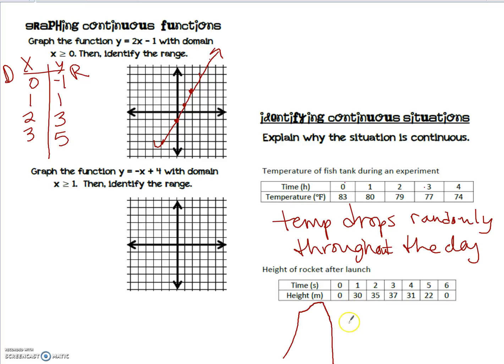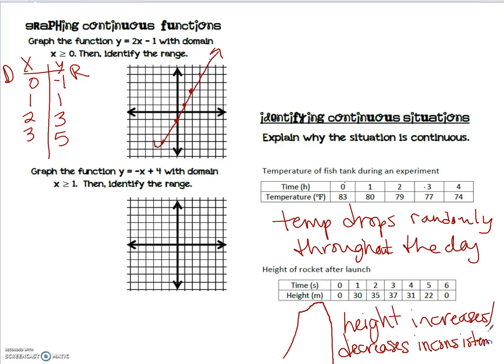The height increases and decreases inconsistently. So that's why we have to connect the dots to see the pattern it follows.